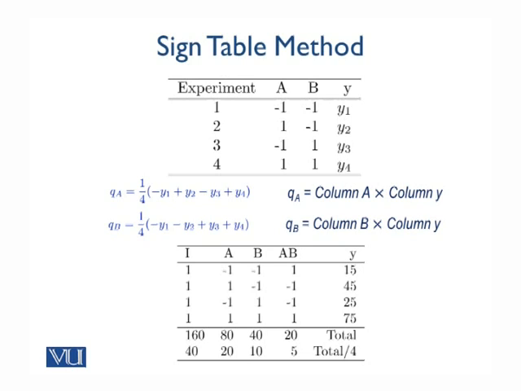After making these two columns, you would create another column, AB. This is the interaction between A and B, and you can simply calculate that by multiplying the coefficient of A and the coefficient of B. In the first row, both of these are -1, and so you can calculate AB.